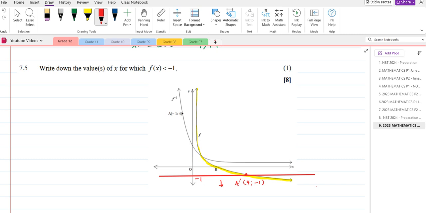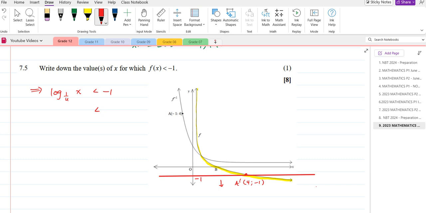After 4, whenever you substitute a value more than 4, you'll always get the log function which is less than -1. So you're basically answering this question, log x base quarter is less than -1. Now it's difficult to solve this inequality, don't do it like this, right? But if you do want to do it like this, remember we can solve it like this.